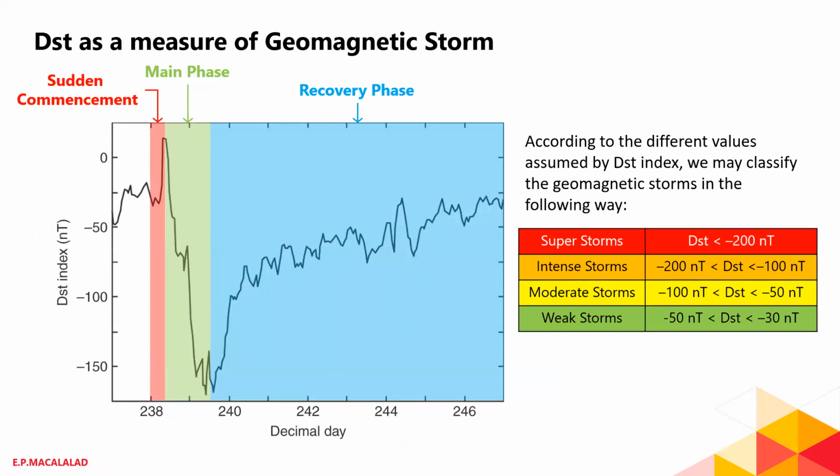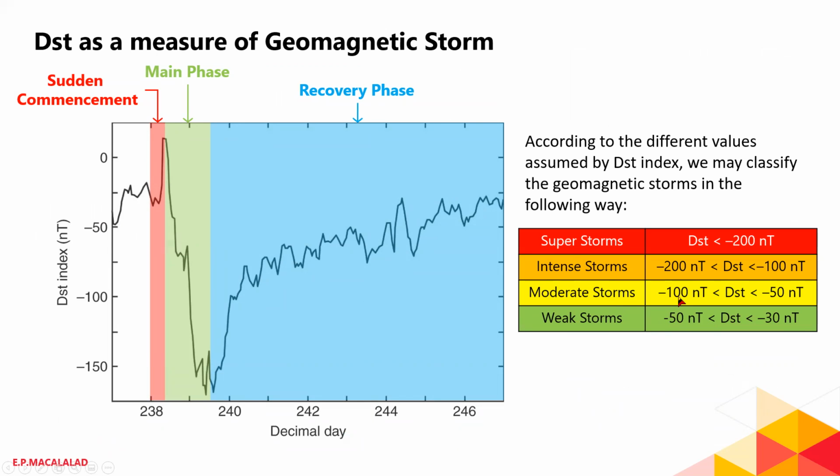Okay, so usually from the DST index, we can categorize the kinds of geomagnetic storms. Based on geomagnetic indices, we can name these storms as follows. It is a weak storm if the DST is between -30 to -50 nanotesla.